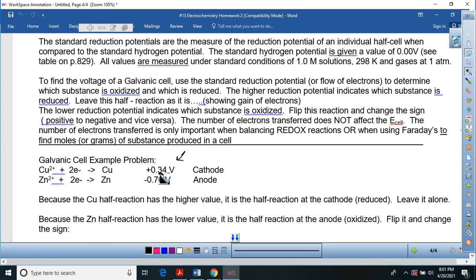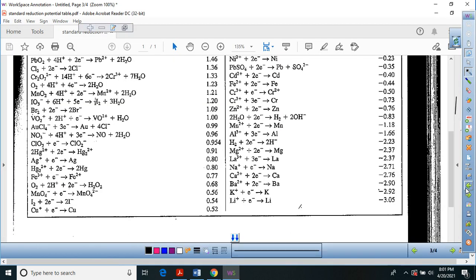Okay, so copper, when we look at the table, copper plus 2, there's two different coppers. Copper 2 has a plus 0.34. This is copper 1, so copper 1's 0.52. We're looking for copper 2.